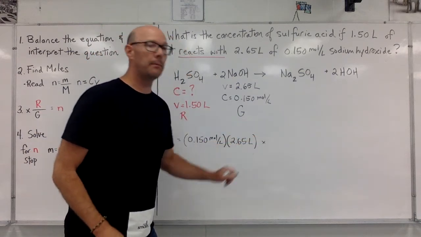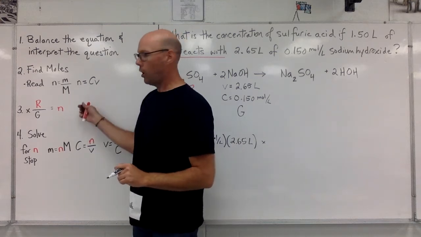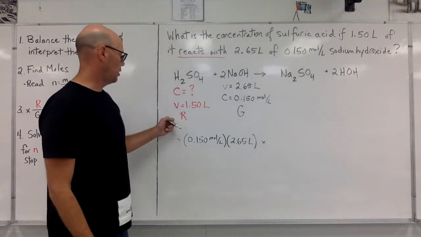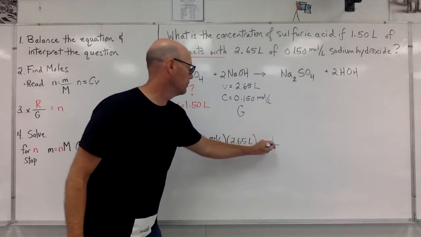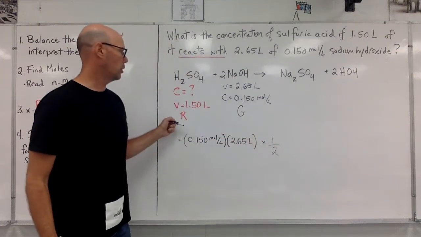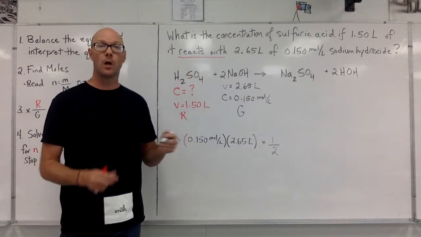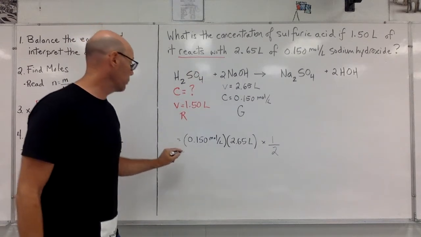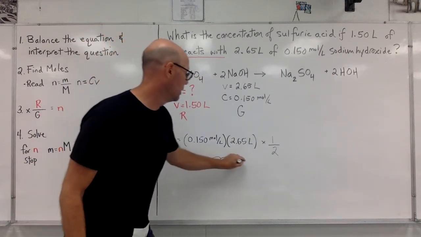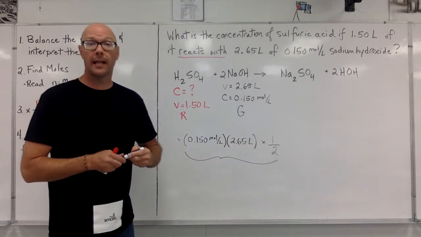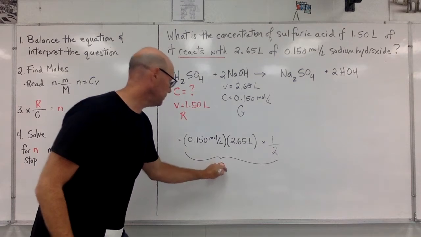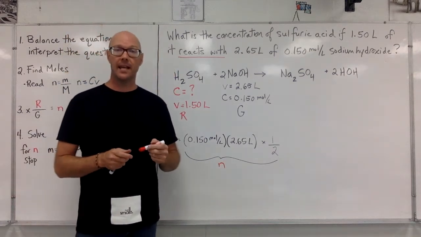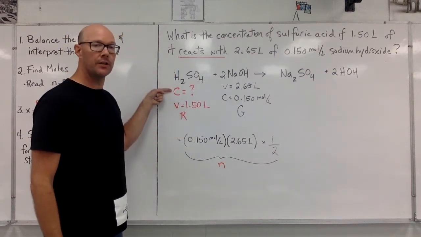Next step, multiply by the R over G. R over G comes next. R over G, 1 over 2. All that work, our preliminary work, and the R over G, collectively we've been calling red N. In the end here, what we're looking for is concentration.